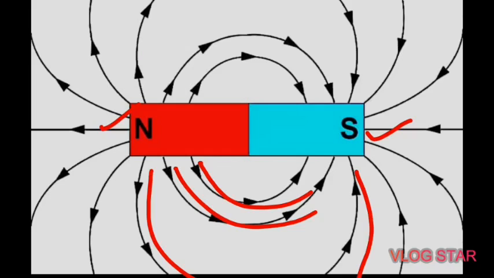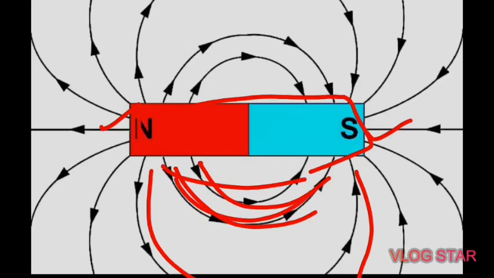Then the second point is magnetic flux lines. Basically this magnetic field is represented by imaginary lines around this magnet. This is the magnet which has two poles, the first is the north pole and the second is the south pole, and these are imaginary lines of force, which are nothing but the flux lines, or we can say the magnetic lines of force.